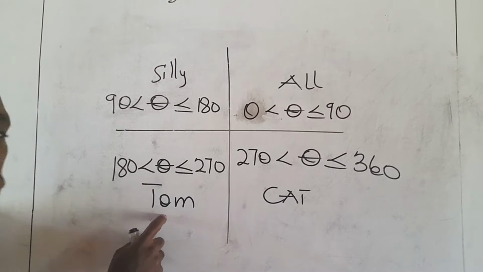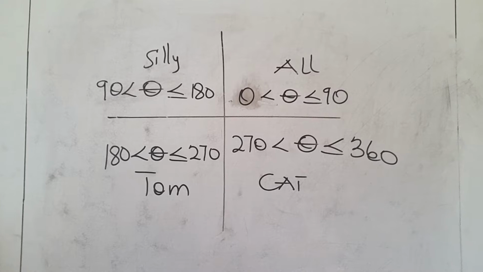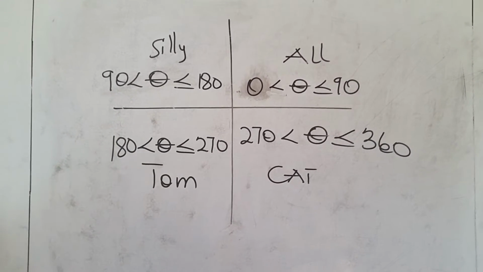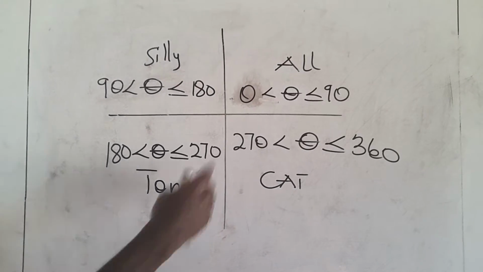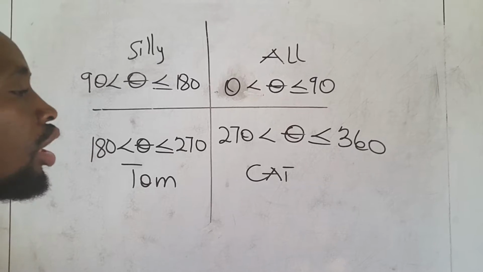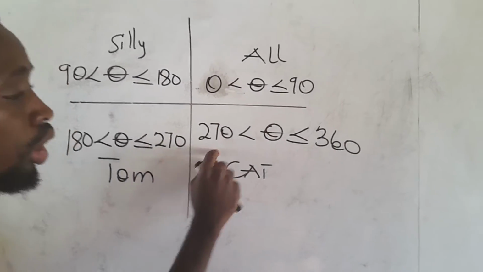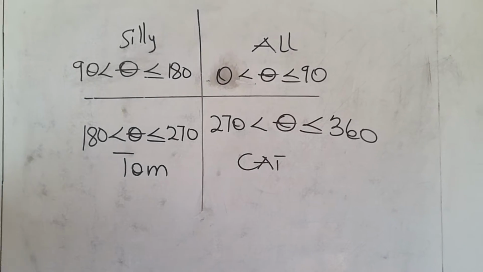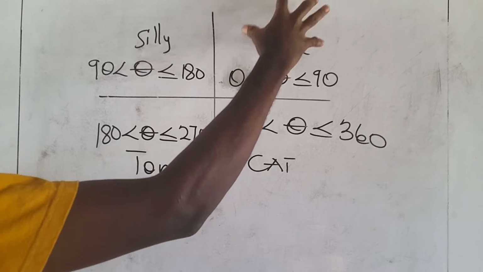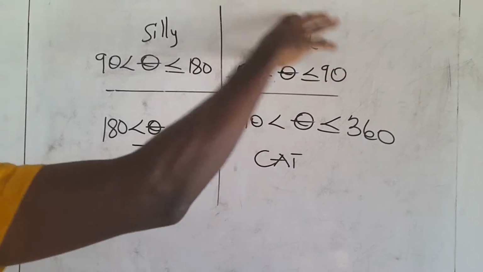Then in the third quadrant, only tan is positive, when the angle is greater than 180, but less or equal to 270. Then in the last quadrant, which is the fourth quadrant, only cos is positive, when the angle is greater than 270, but less or equal to 360. So we say in the first quadrant, all the three basic trig identities are positive.